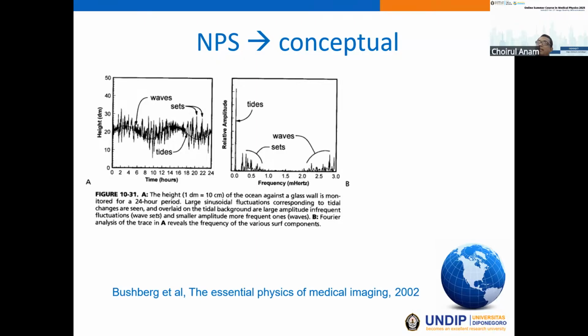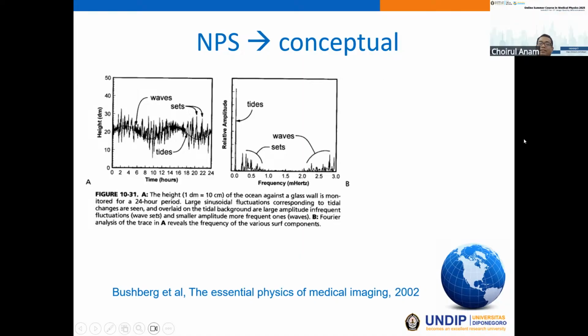But in the time domain, it is difficult to see the frequency. But by using a mathematical equation, we can convert from the time domain to the frequency domain. And we will have like this.